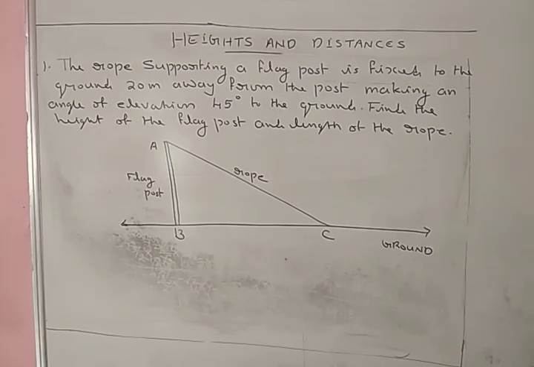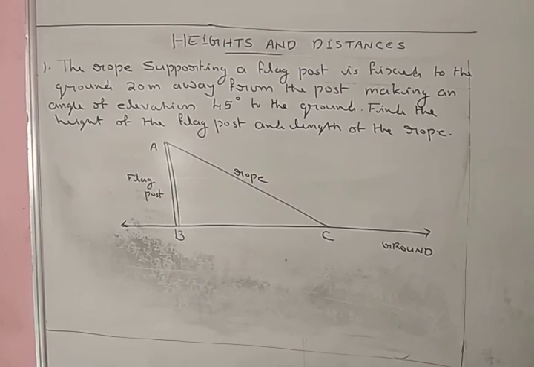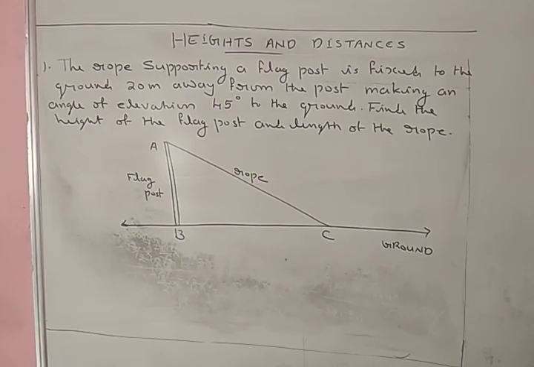Here it is given that the rope supporting the flag post is fixed to the ground 20 meters away from the post. Therefore, C is fixed 20 meters away from the post. Here the post is AB, so 20 meters away from the post means BC is 20.